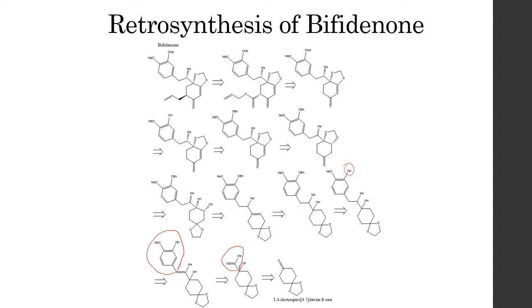Once that one is protected, the other alcohol is going to be eliminated, and we're going to form a double bond where dihydroxylation is going to occur. So it's going to be syn dihydroxylation. The OH groups are going to be on the same side. From there, we protect it by adding in an aldehyde and cap off the diols.